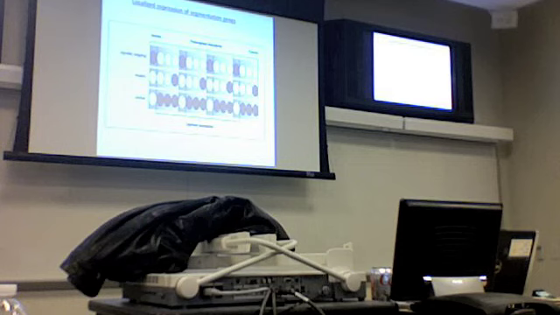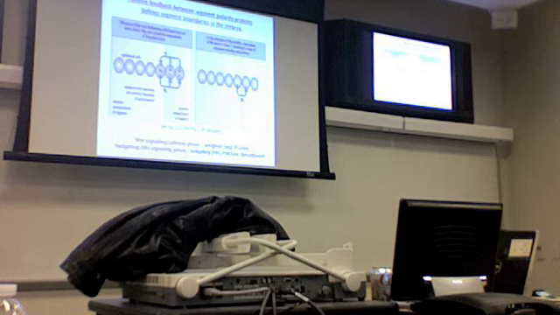Okay. So how do these genes work together to define these different segment boundaries? We can see how they interact.